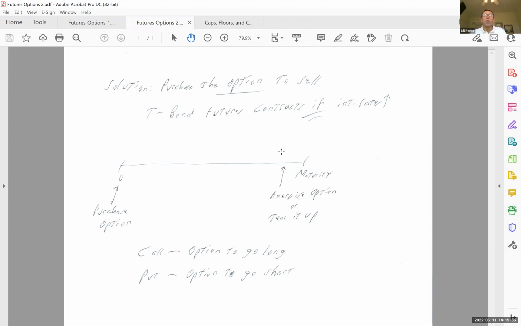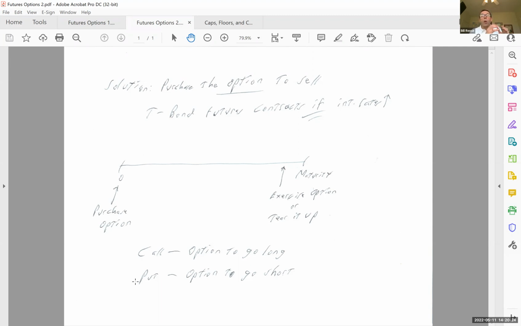Now, an option to be able to sell, or an option to be able to go short, is a put. You want to own the option. If you buy a put, you have the option to go short. If you buy a call, you have an option to go long. So based upon your duration gap, you have to decide, do I want to go long in interest rate futures contracts, or do I want to go short on interest rate futures contracts?